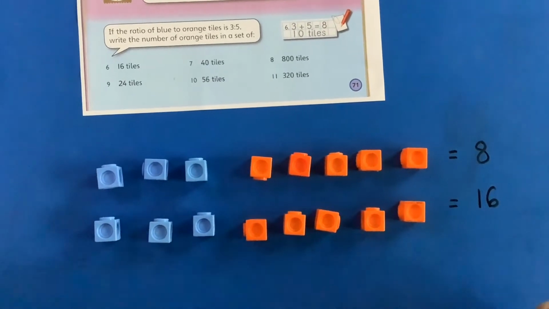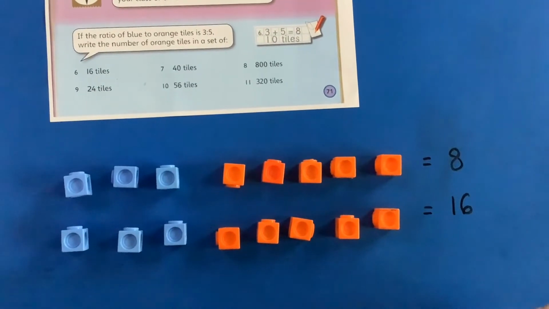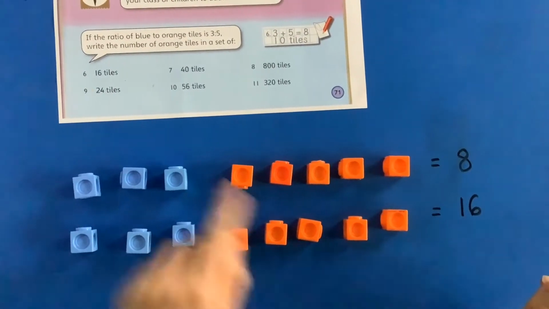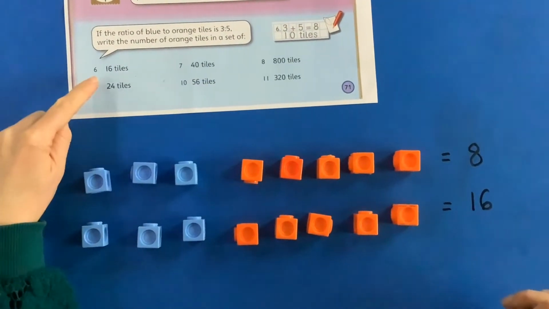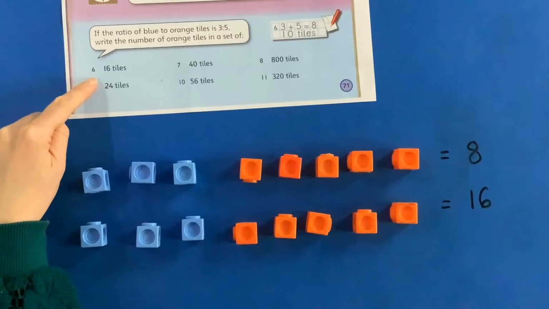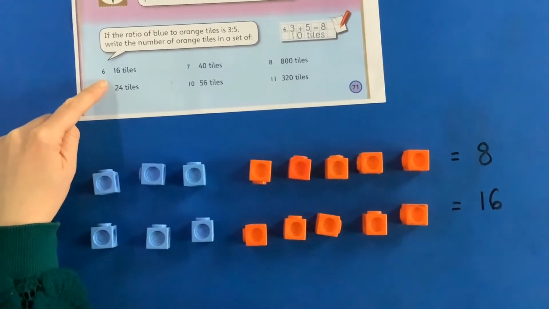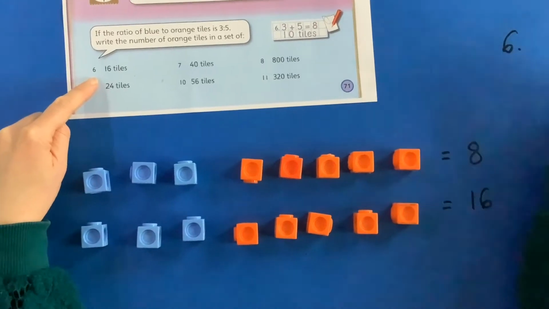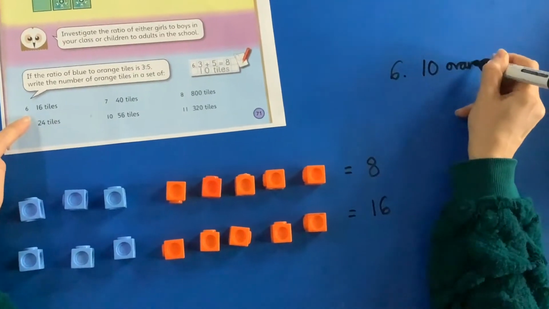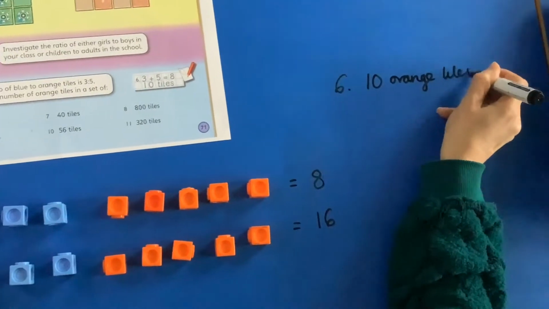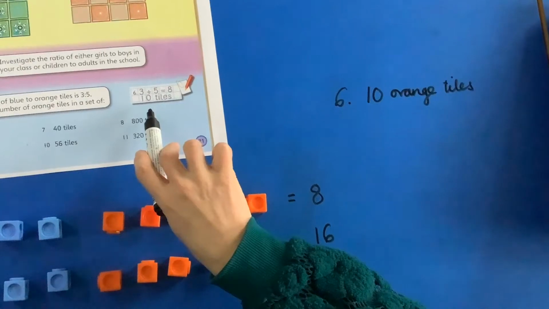Now I've got 16 in total. Write the number of orange tiles in each set. So my answer for number 6, well, how many orange tiles have I got? 1, 2, 3, 4, 5, 6, 7, 8, 9, 10. So my answer to number 6 that I was writing in my book is that I've actually got 10 orange tiles.